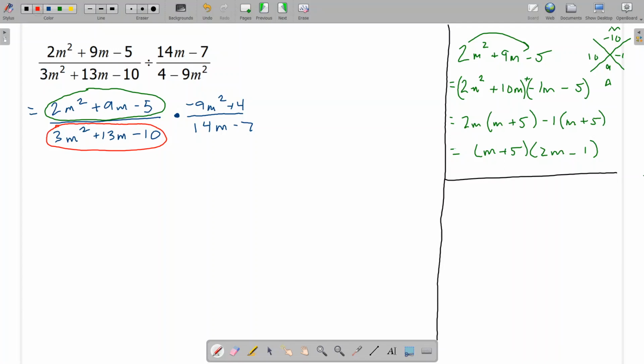So you can see why I'm doing this off to the side here. It takes up quite a bit of room. So we're going to be doing essentially the same thing for this denominator here. We need to find two numbers that multiply to -30 and add to +13.